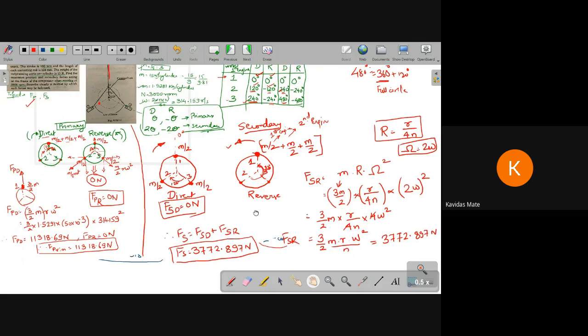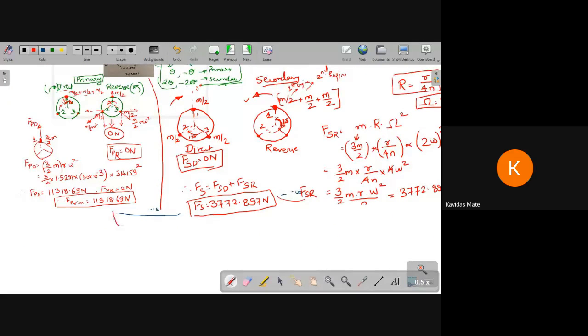But for engine, the secondary and primary are meant for easy calculation. So total unbalance would be total Fs secondary plus F primary, whatever you can write out. So it would be 11318.69 plus 372.897, which will be equal to 1509.587 Newton.